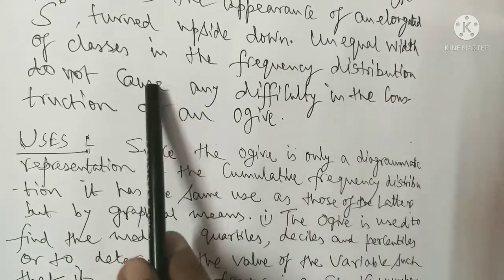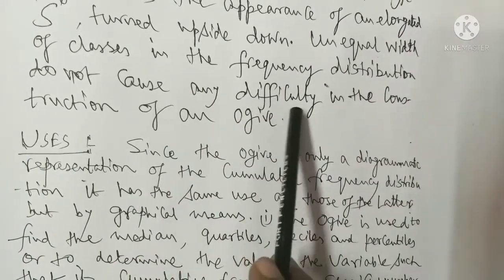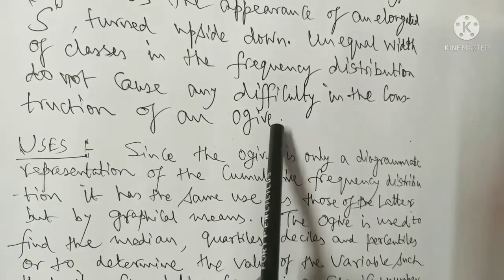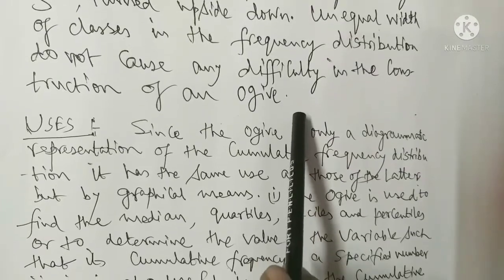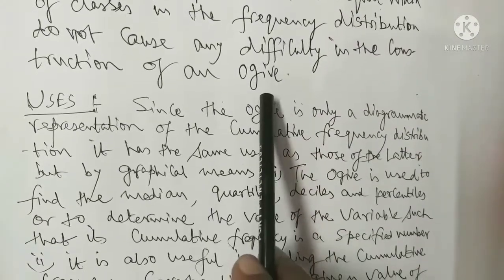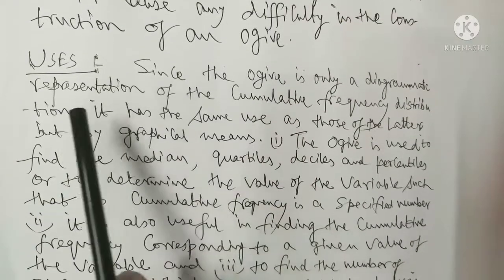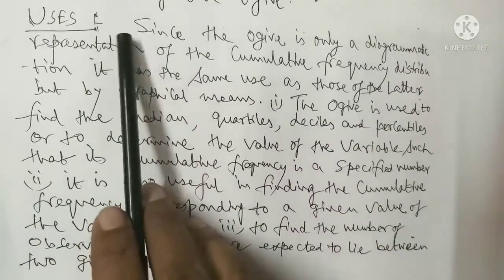Unequal width of classes in the frequency distribution does not cause any difficulty in the construction of an ogive. That is, class intervals may be equal or unequal, and the ogive is formed with the help of the cumulative frequency distribution.